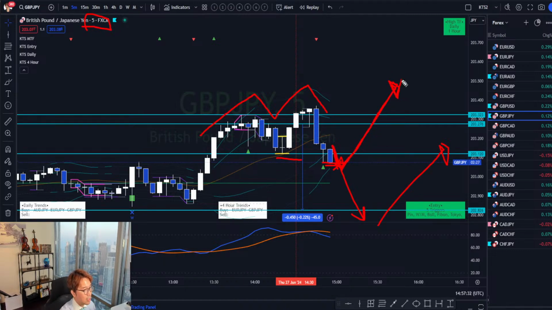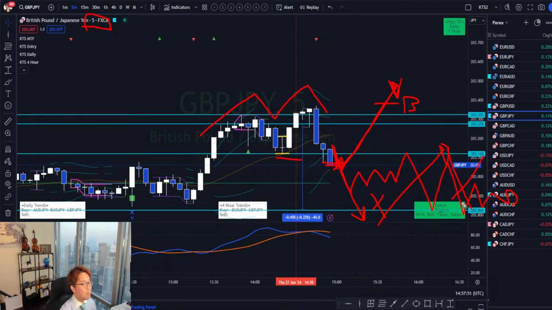If it goes bullish, I re-enter the market. If it goes bearish, then I don't enter trades, because even if it goes bearish, most likely it becomes very choppy. Sometimes it goes up and down, and becomes very choppy. So this is not a good market to trade anyway, because we won't be able to expect bigger pips to take.